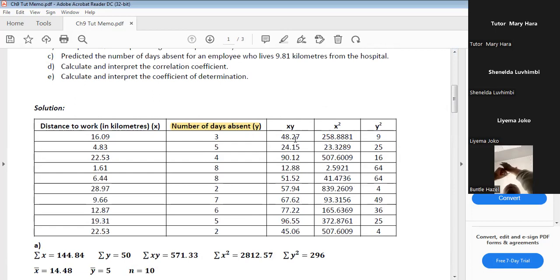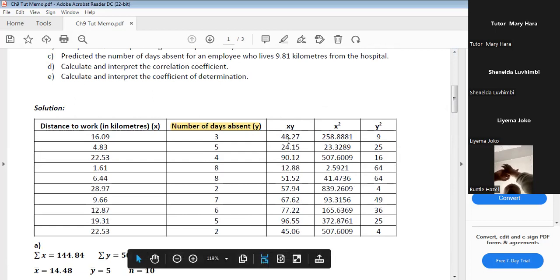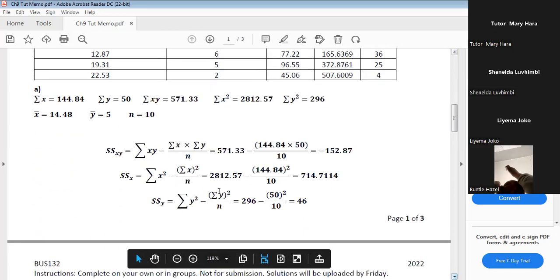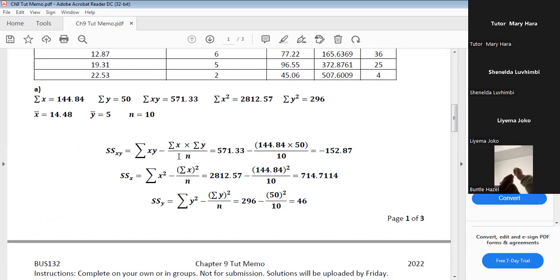The sum of xy is actually adding up all of this. So here the sum of xy is 144.84 times 50. The 50 is the sum of x times the sum of y.